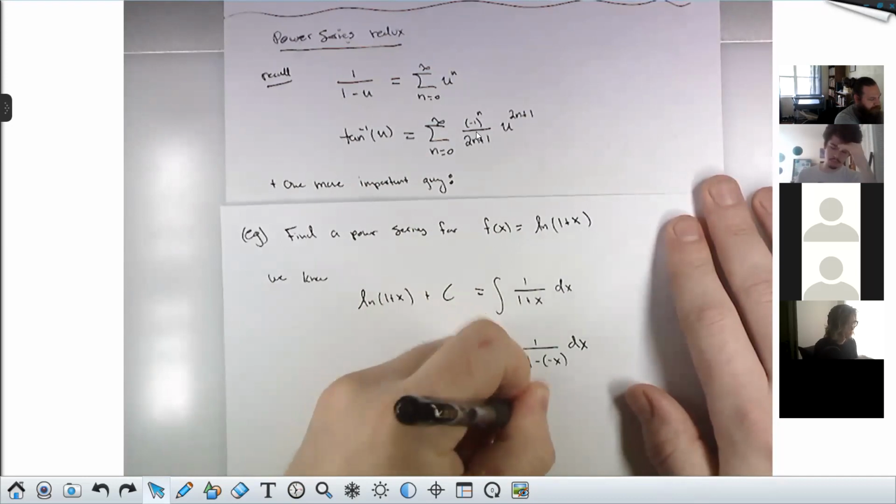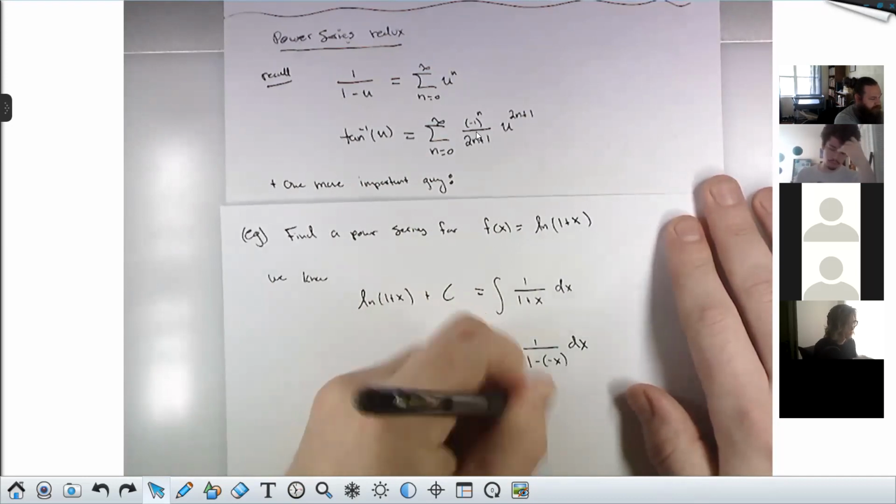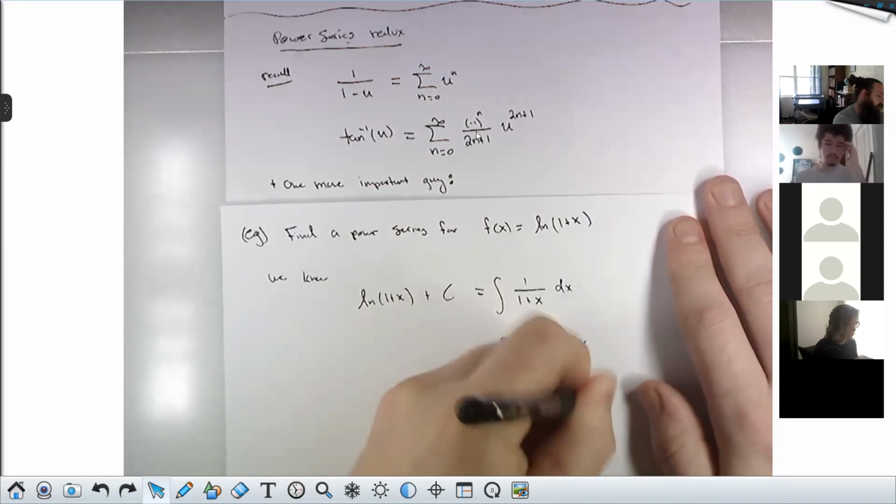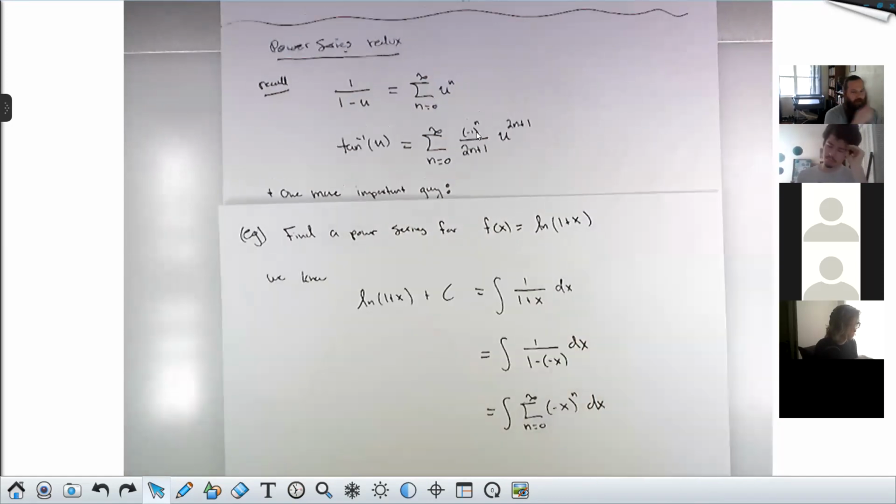This becomes sigma n from 0 to infinity, negative x to the n dx. I said it in the other lecture, but I want to say it again here to emphasize: before you integrate or differentiate your power series, you need to simplify the inside. I need to write this in the standard form for a power series, like c n times x minus a to the n.